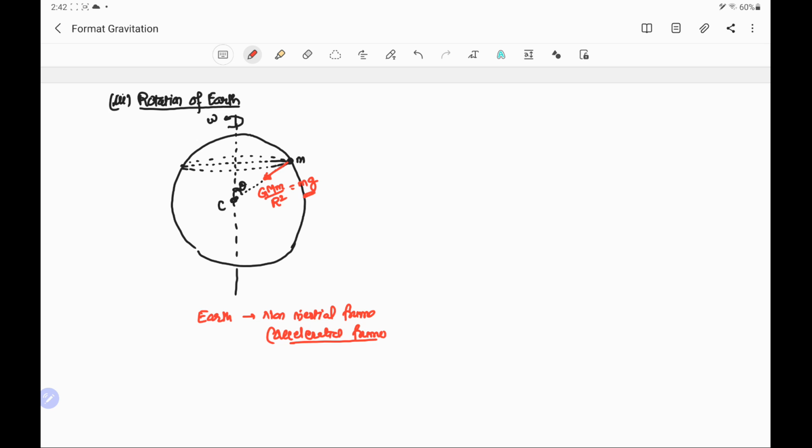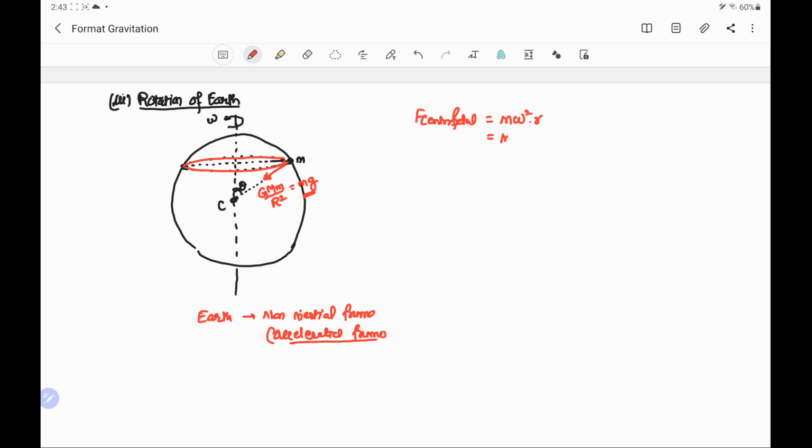And here, this mass is moving on this circle. And because angular velocity is omega, there will be a centripetal force that is equal to m omega square into the radius of the circle in which this mass m is circulating.